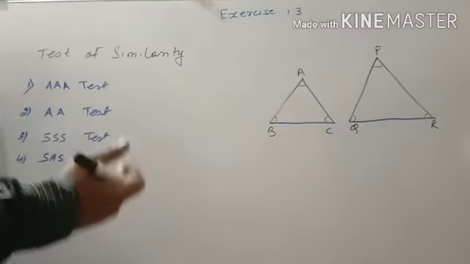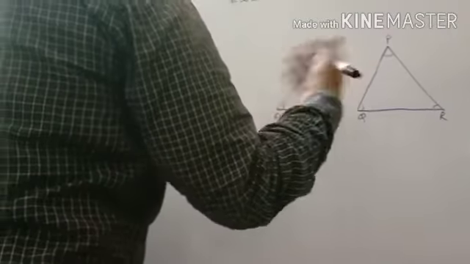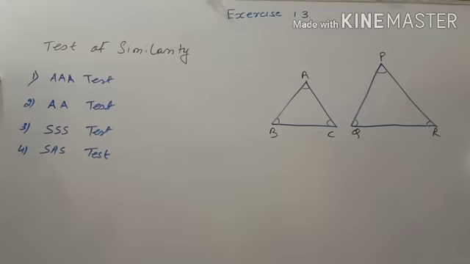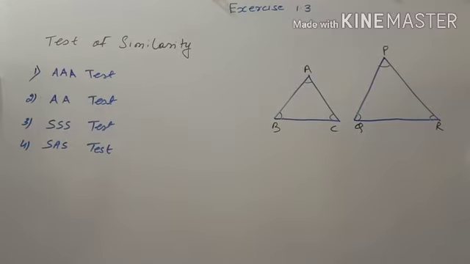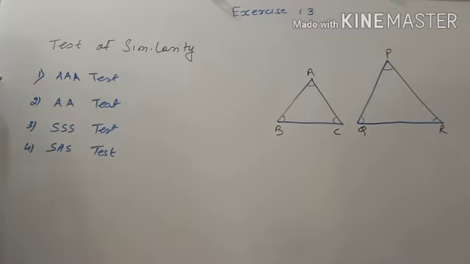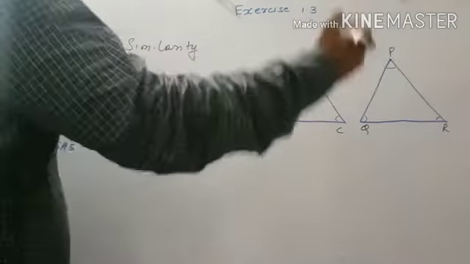AA test is also like that. When only two angles are congruent, then that triangle is similar. So it's a very good thing that if we prove two angles are congruent, we can prove that triangles are similar. Now after that, SSS test. What is SSS test? When the corresponding sides are in proportion.